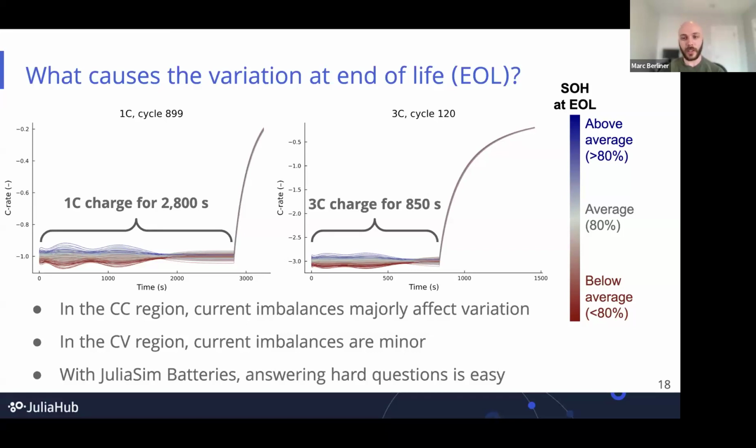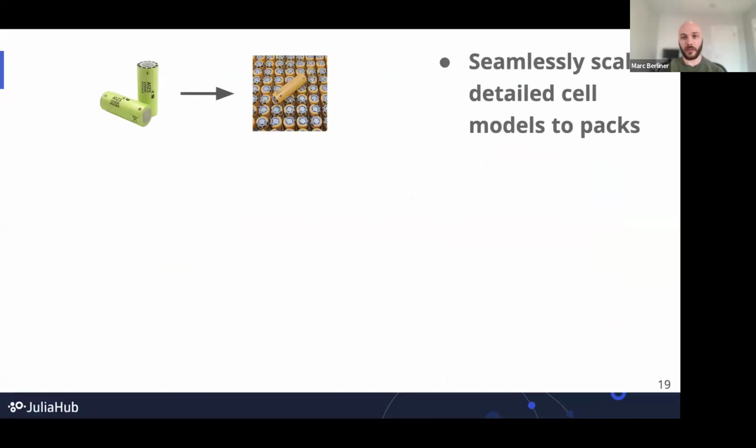With this seminar, one thing that we really showed throughout this presentation is how you can seamlessly scale from the single cell, the detailed electrochemical, all the way to the pack level, and how you can get great performance throughout this simulation process.